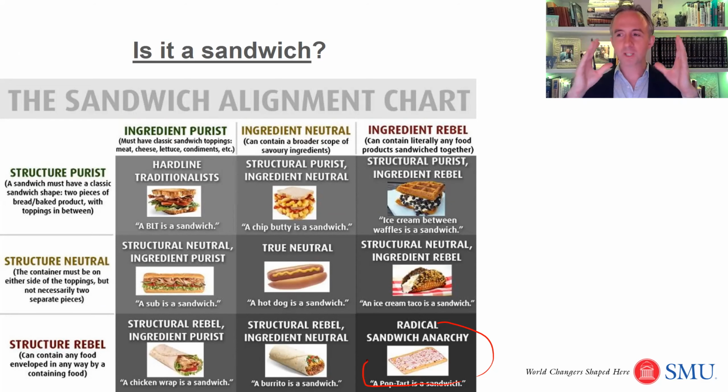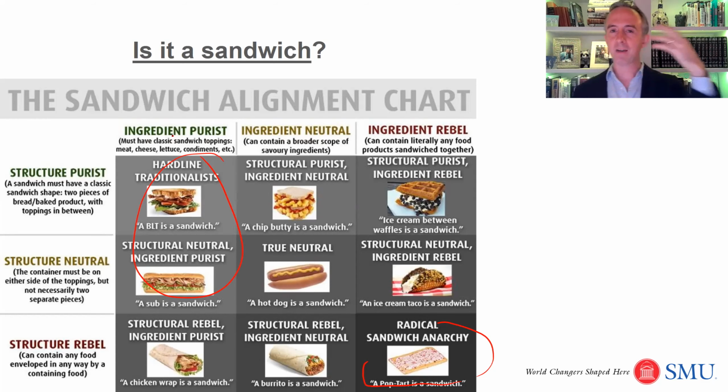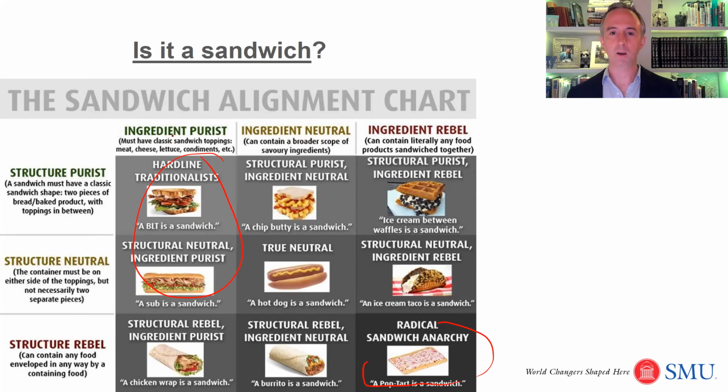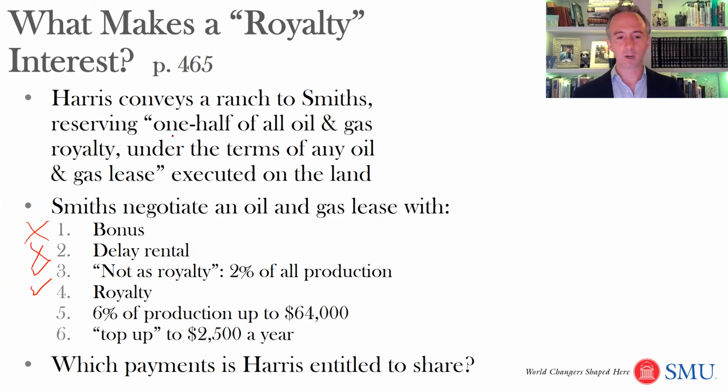But when we talk about a sandwich, we have some basic ideas in mind. And when we say a royalty, we have some basic things in mind. So when the landowner grants that non-participating royalty interest that says half of all royalty, if it meets all the definitions of a royalty, we're going to count it. Okay, so Harris gets to keep the royalty plus the not as royalty 2% of all production.